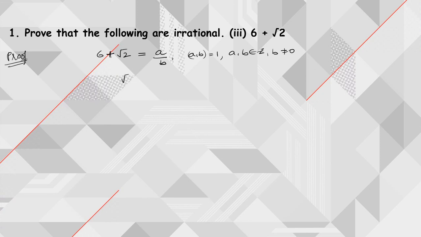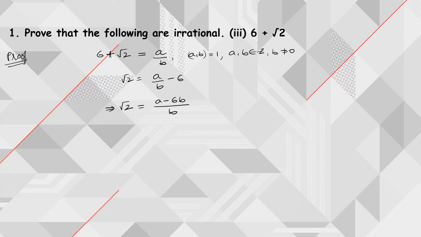Now I can write this as root 2 is equal to a by b minus 6. So whenever you have p plus root q or p minus root q form, it is very simple to solve. Now from this, root 2 is equal to, taking the LCM b, a minus 6 times b.